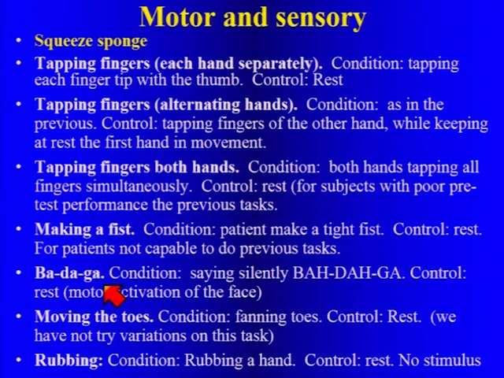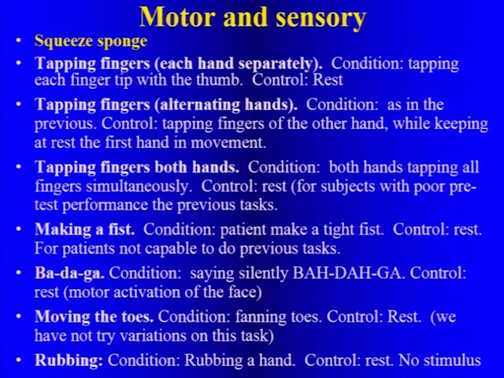This DAGA is what we do to try and map the oral area in children. It will get bilateral activation. It also can be extrapolated to using a pacifier and sucking in sedated infants. And then if the patient is sedated as well, we generally now will move the hand.